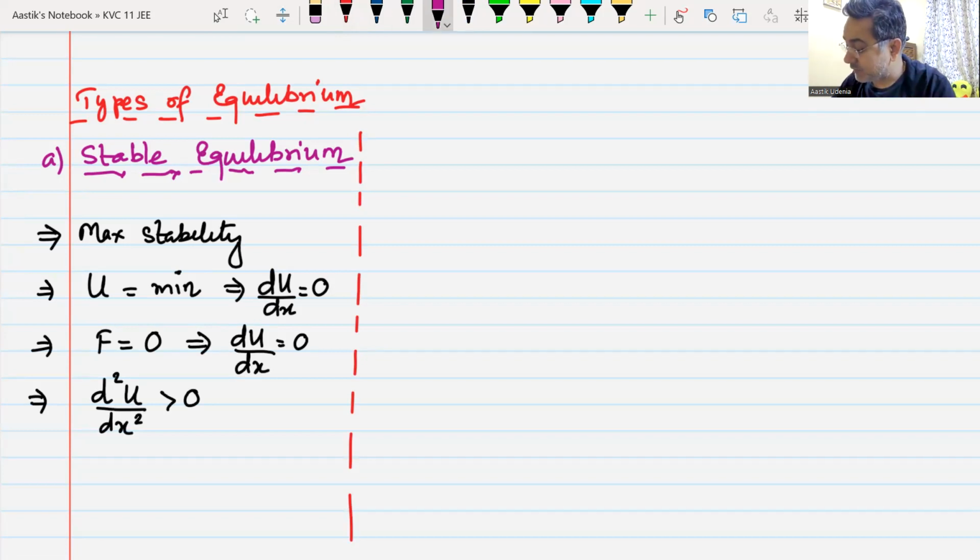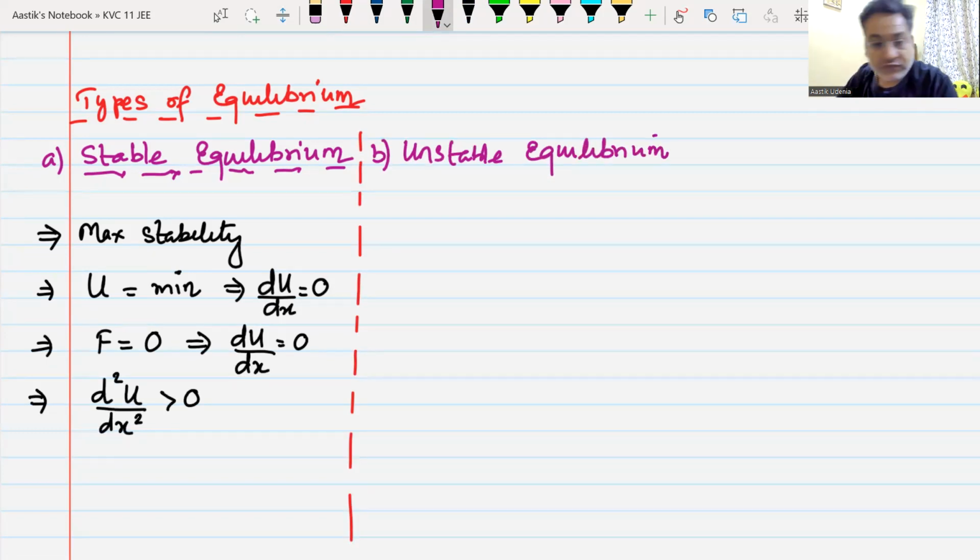Then the second type of equilibrium is known as what? Unstable equilibrium. For the stable equilibrium, since you have space here, you can also draw a graph and see an example.